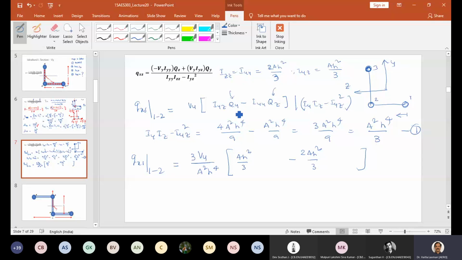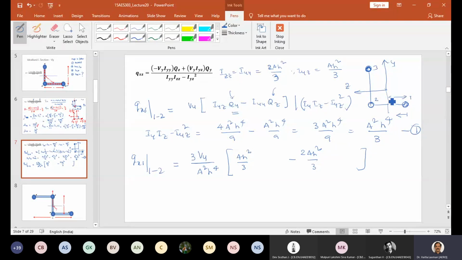Now you see Qy. What is Qy? This area into centroidal distance, right? Qy means what? Moment of area about the y-axis. So this distance you should know.